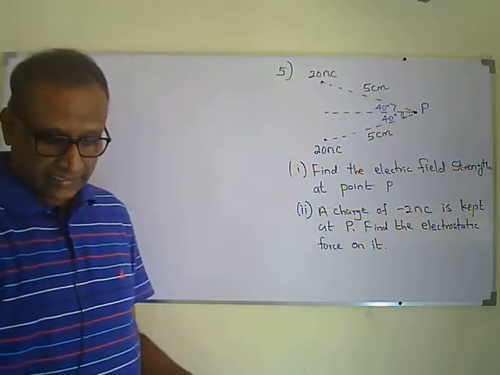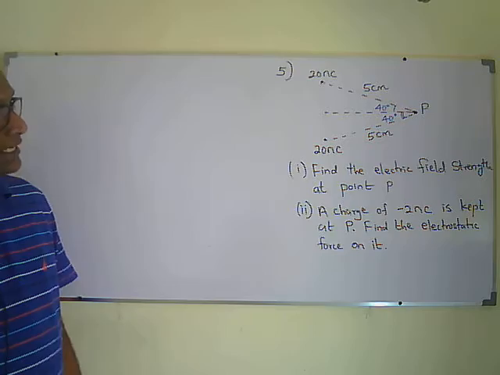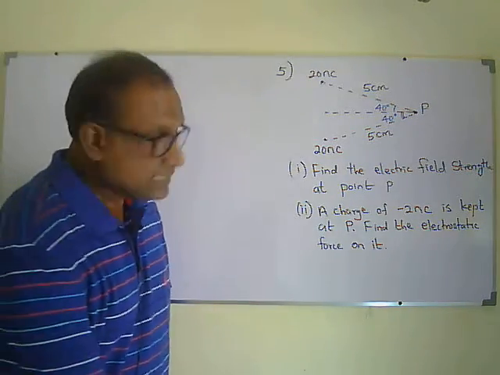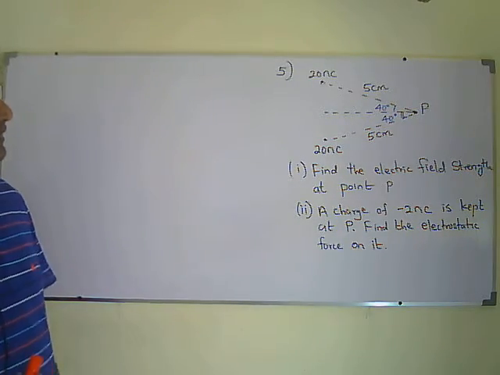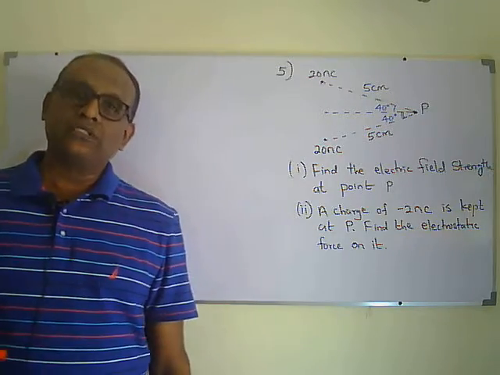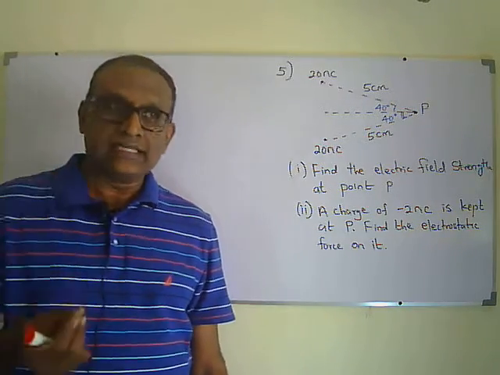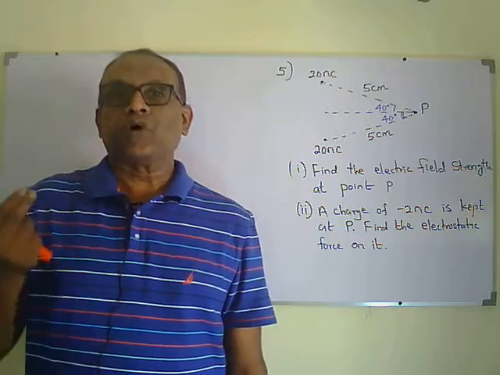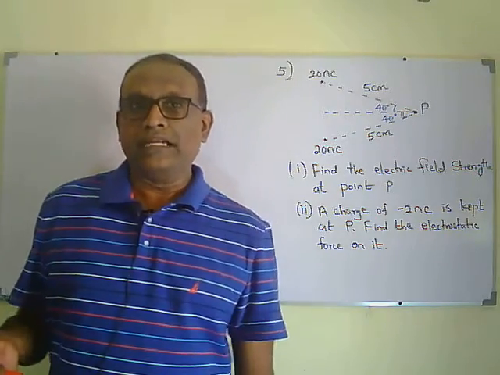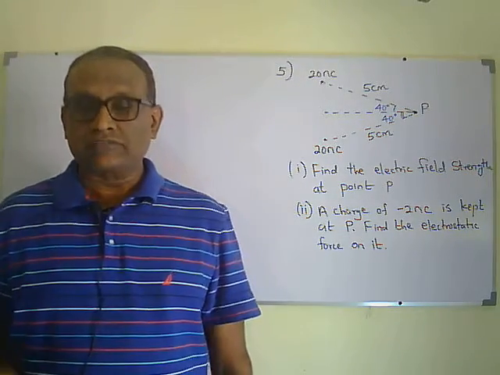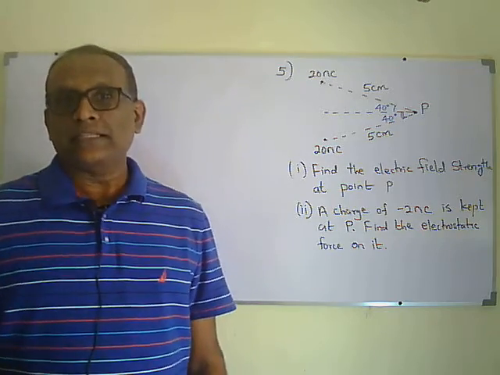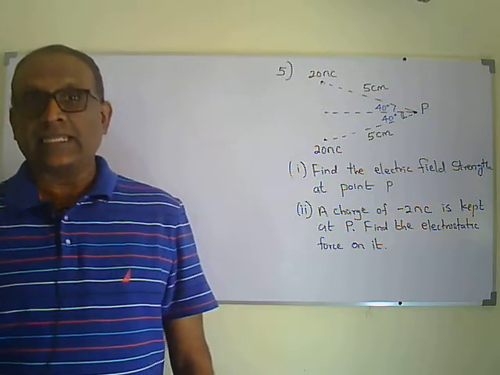So how to find the answer for this? If I want to find the direction of electric field strength, as I told earlier, we should imagine if we keep a positive test charge at that point, the direction of electrostatic force acting on it will be the direction of the electric field strength at that point.